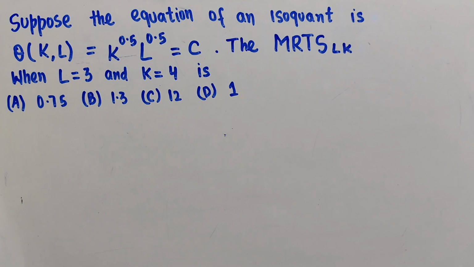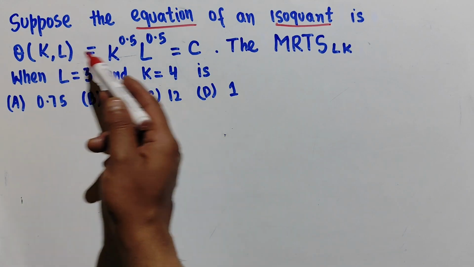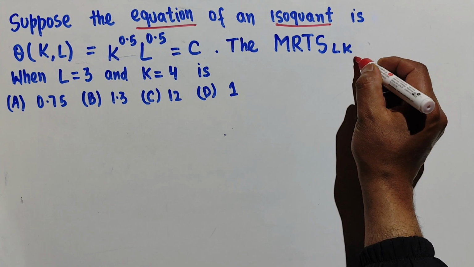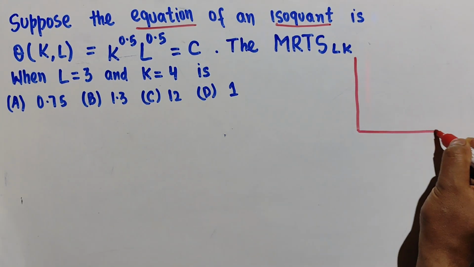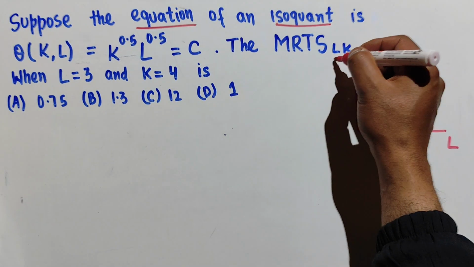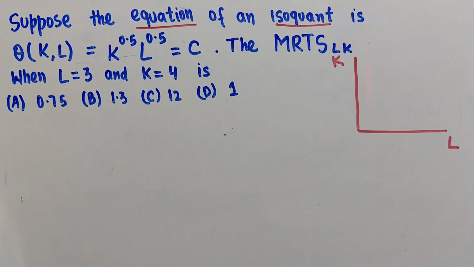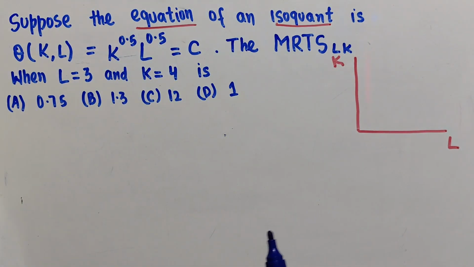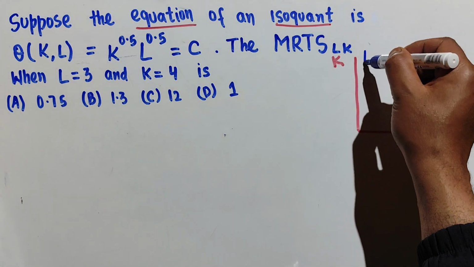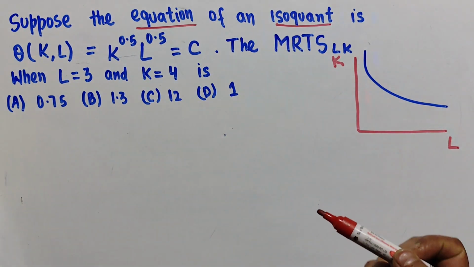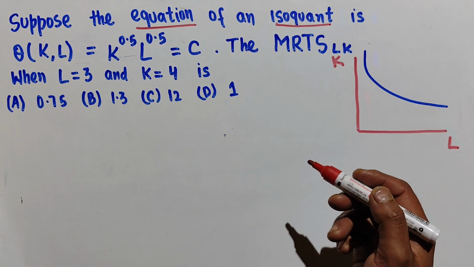Okay, so we are being given the equation for an isoquant which is being given by this very relation. Let's draw a simple graph to understand it better. So let us say we have the units of labor on the horizontal axis, units of capital on the vertical axis. This is a typical Cobb-Douglas type of production function. Okay, so let's draw the production function like this. Since this is an isoquant, what exactly is the isoquant?